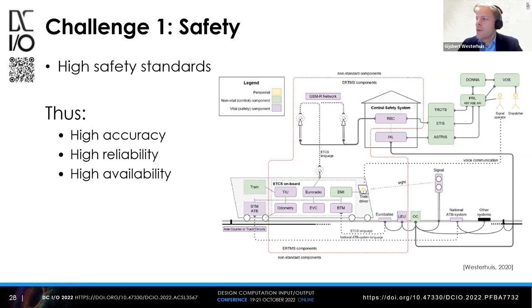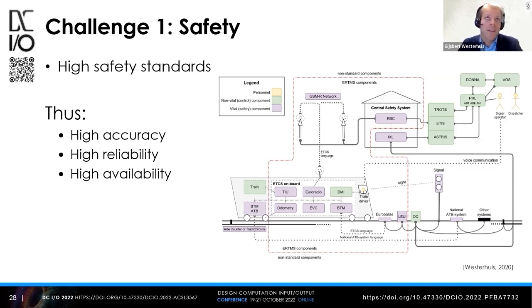And you see all the purple dotted blocks, they are safety components, vital safety components. And those have SAIL 4 classification. So that means that it's the highest reliability safety requirements that currently are there in legislation.